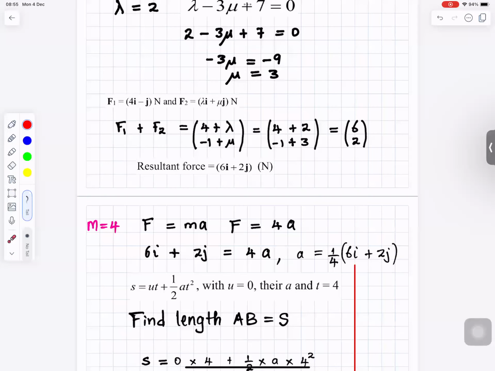So we're using F equals ma. So F equals 4a. So we know 6i plus 2j is equal to 4a. Do we know what a is? a would be 1 over 4 times the bracket 6i plus 2j. We make a the subject.